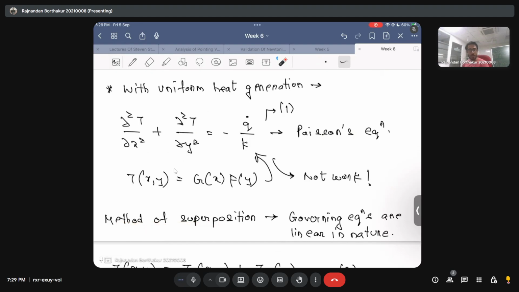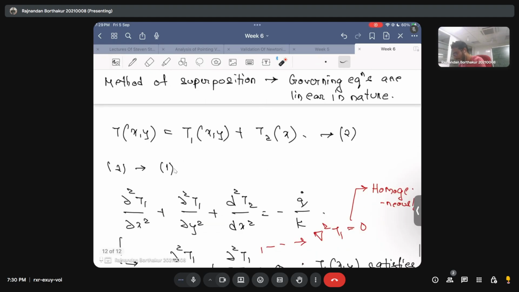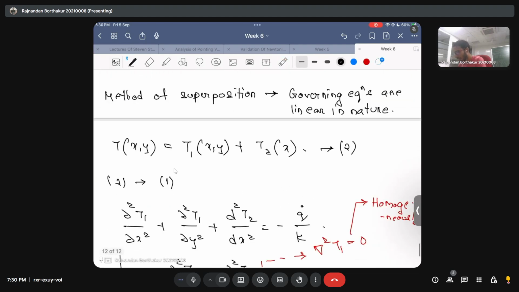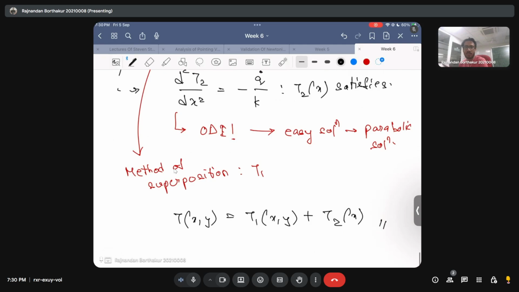Now, you need to understand that this assumption will break down if we have a non-linear PDE. The method of superposition does not work for non-linear PDEs, because if you write T as T1 plus T2, this will no longer work, because the PDE itself is non-linear.